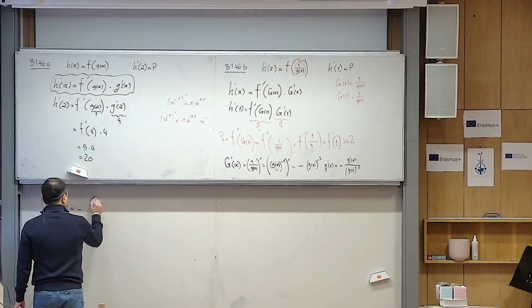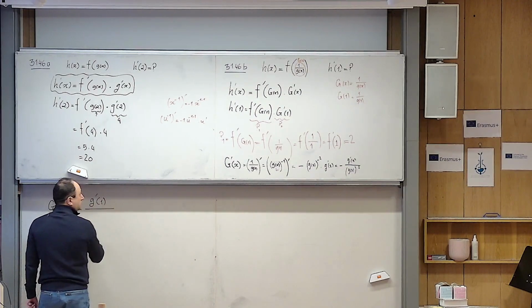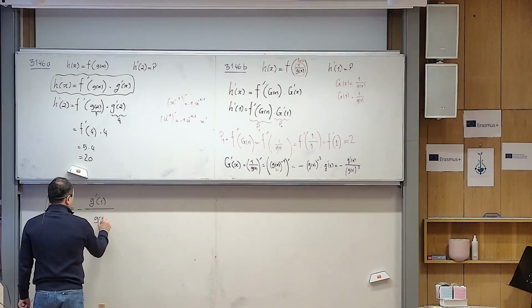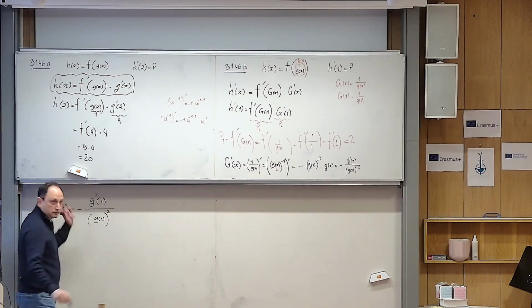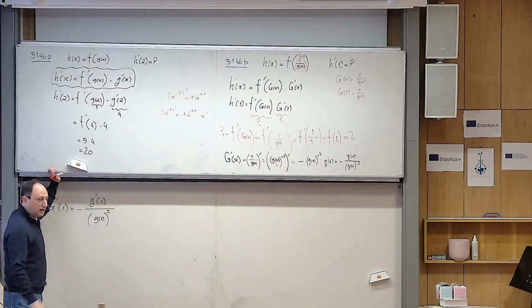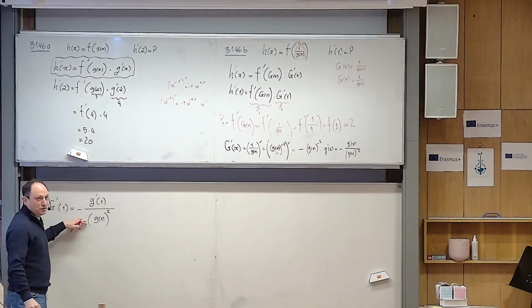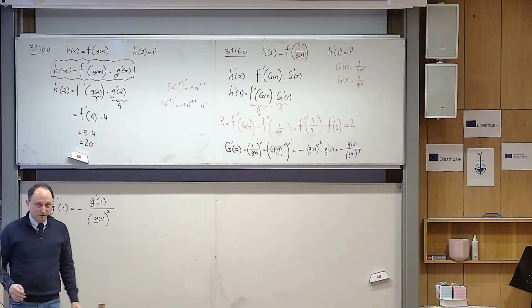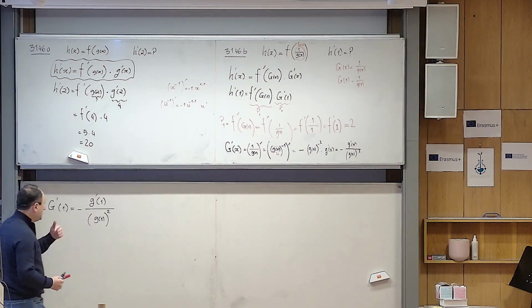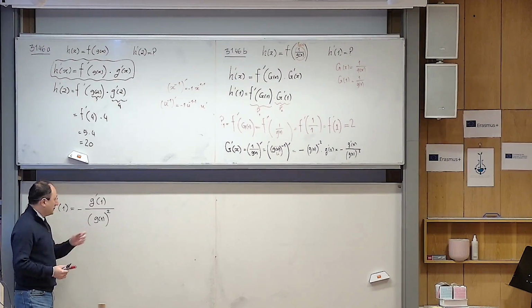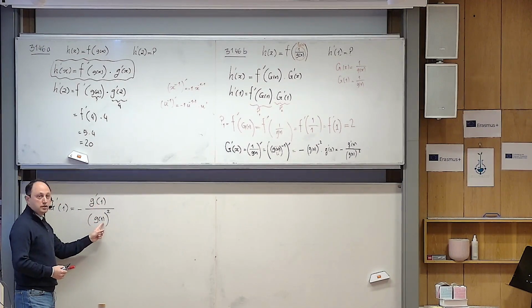So this becomes g prime of 1 divided by g of 1 to the power of 2. Yes? And then again, I look for the third time at the picture, and that's done. So I know what to look for. I need two things, g prime of 1, and I also need g of 1.